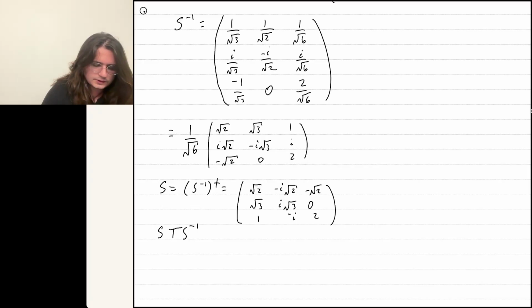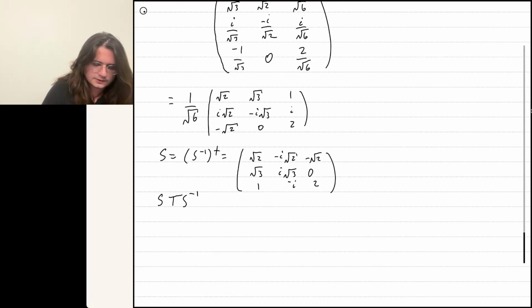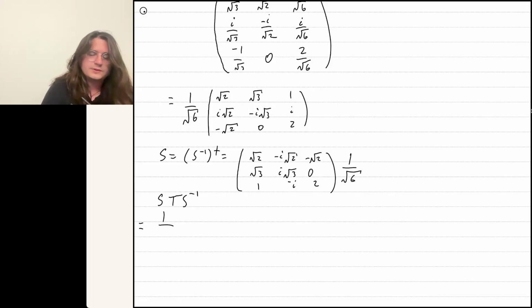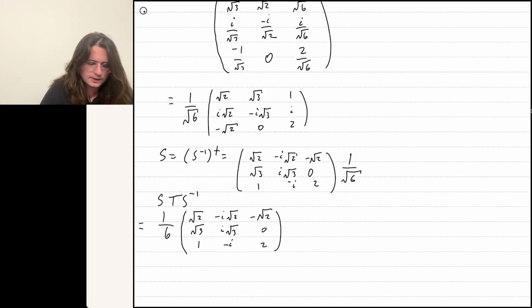So just setting it all up and also making sure to write the normalization factor on that, it's 1 over root 6. Setting that up, we got 1 over root 6 times root 6 makes 1 over 6. And then S is root 2, root 3, 1, minus i root 2, i root 3, minus i, minus root 2, 0, 2.